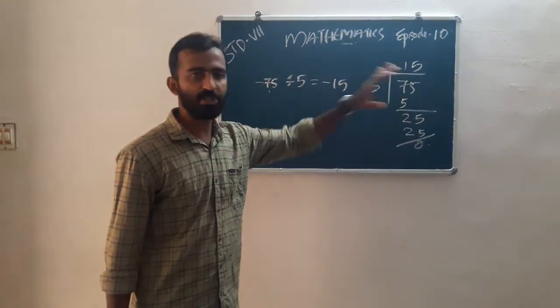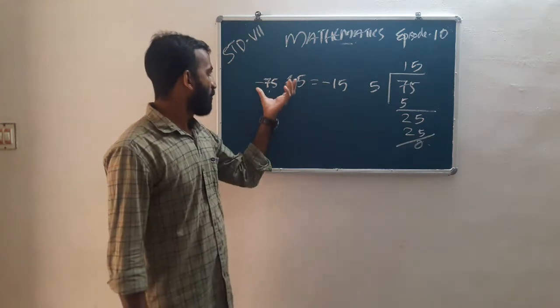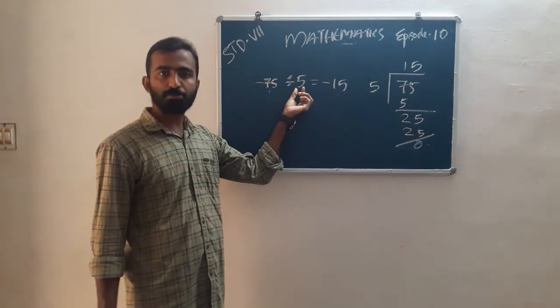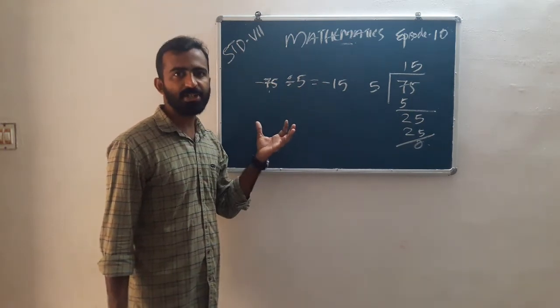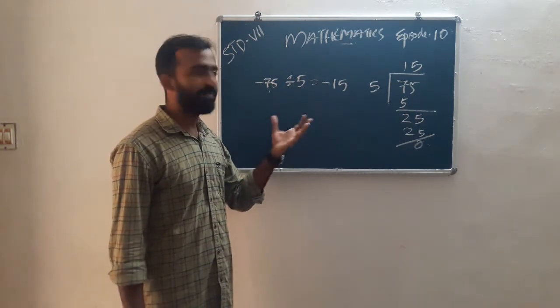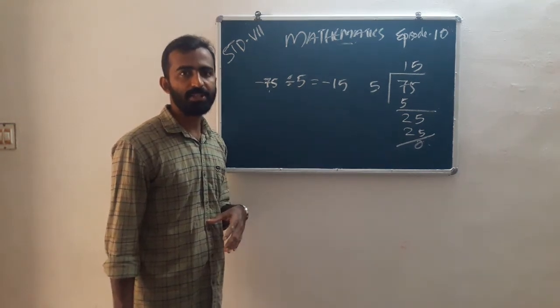Here I take positive 75, so put a negative sign because one integer is negative and one integer is positive. When we divide a negative integer by a positive integer, we get a negative integer.